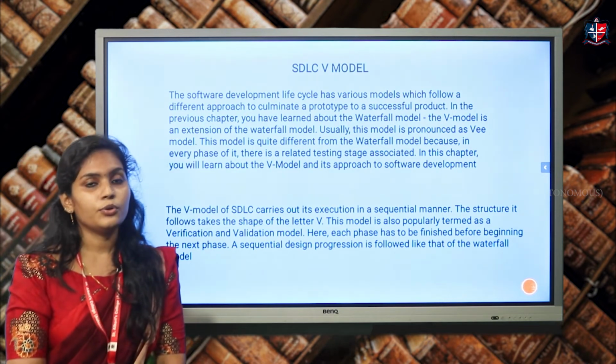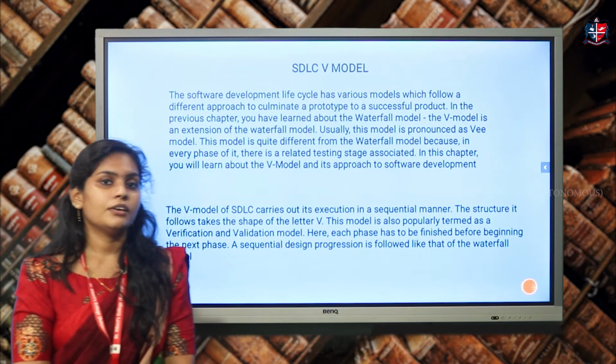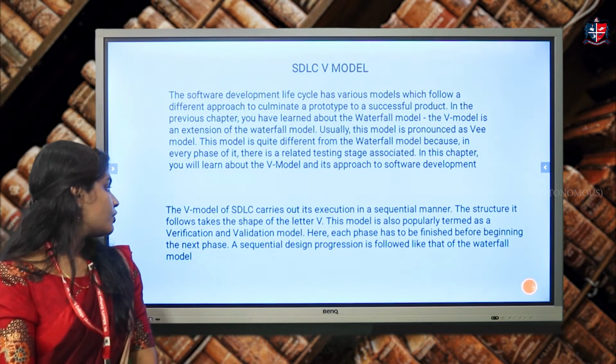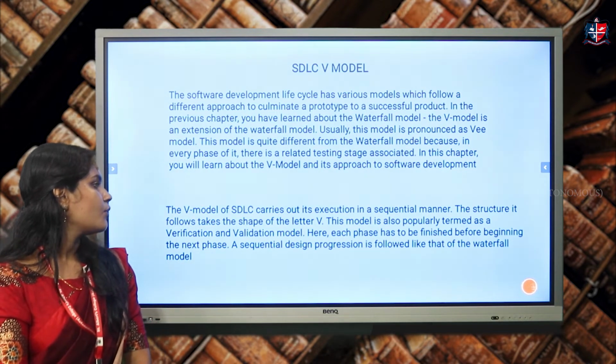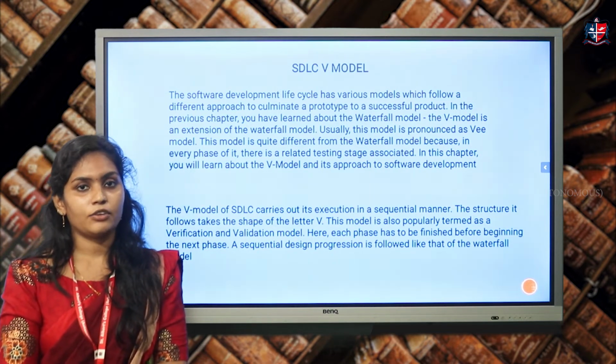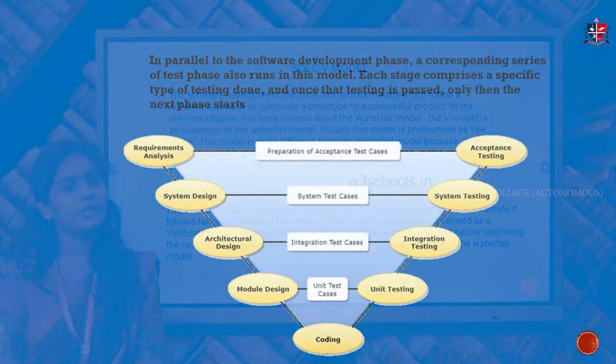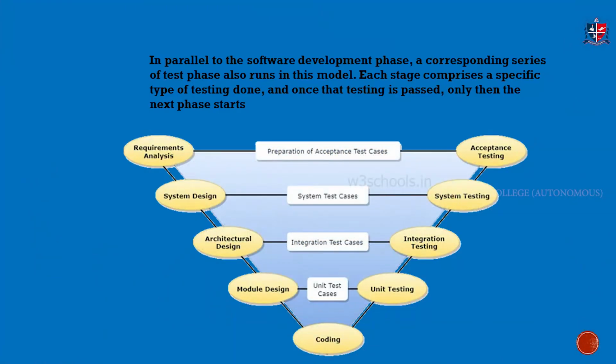That means if you do the second phase, we must finish the first phase, and a sequential design progression is followed like that of the waterfall model. It will also act like a waterfall model, but the variation is that in each phase the testing must be done. This is the structure of the V model.